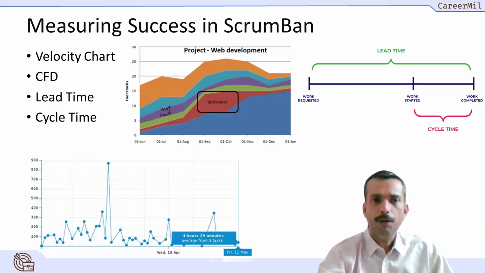Another interesting one is the lead time and the cycle time. As the chart at the top right indicates, lead time is the entire time that a workflow item spends, right from ideation all the way till delivery. Which means the moment the item gets into the product backlog, your timer has started.